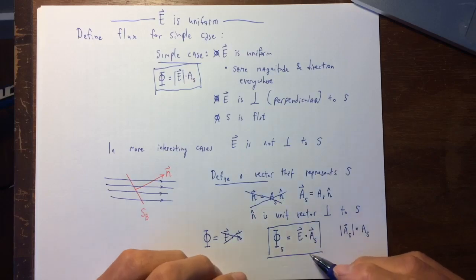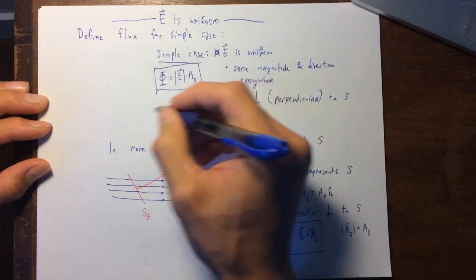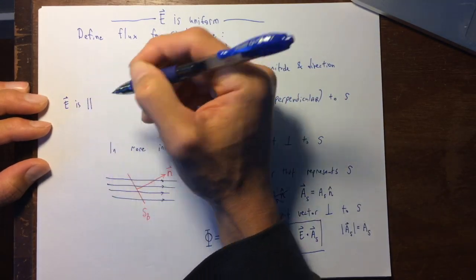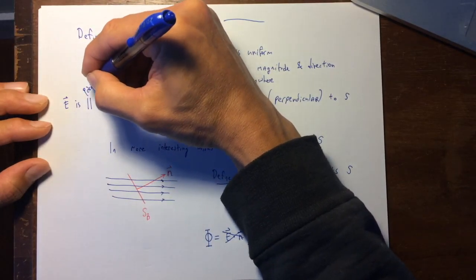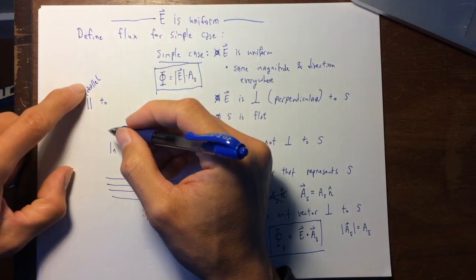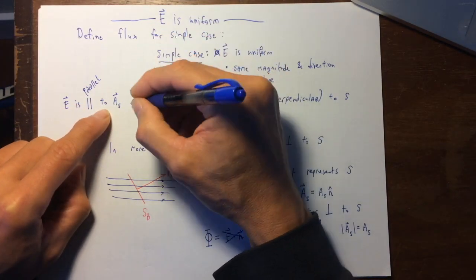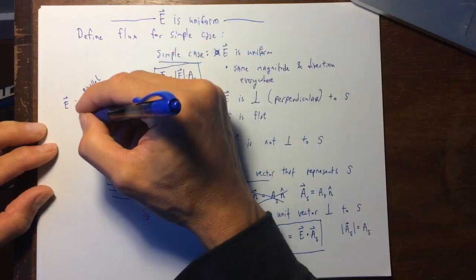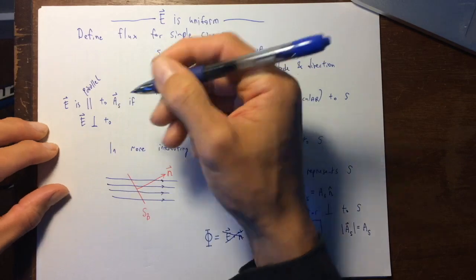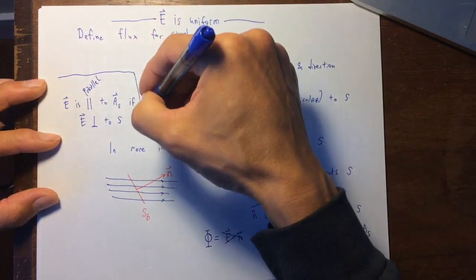And what's more, in the case where E is parallel, and this is a symbol that means parallel to, E is parallel to the vector A sub S if E is perpendicular to the surface S. I hope you can see this.